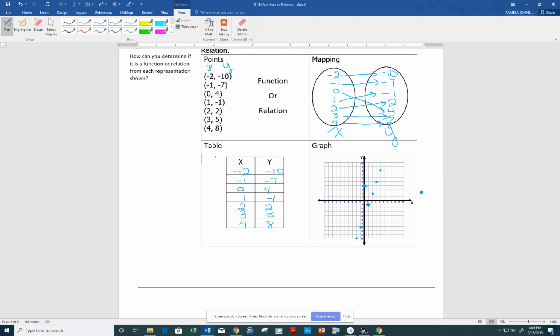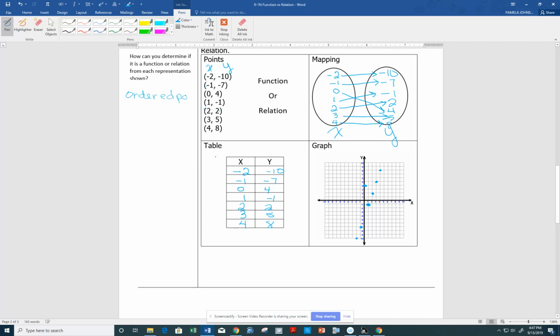Now, in order to decide if it is a function or not, we can look at any one of these representations for the ordered pairs and for the table. If any of the x values repeat, it's not a function.